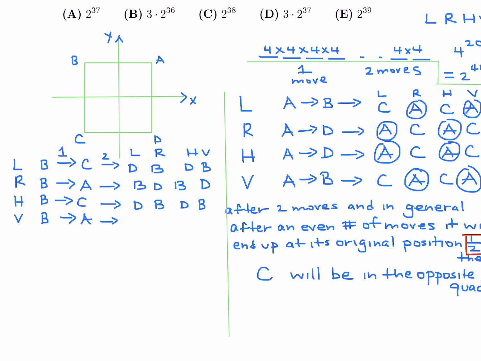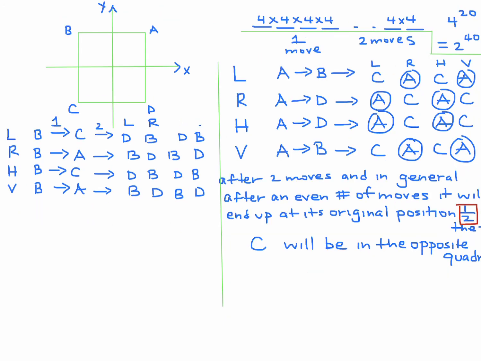And A will go to, I've already done that, B, D, B, D. I think there was a slight discrepancy there where I think this column is V and this is H. It doesn't really matter because the gist of it will not be different.